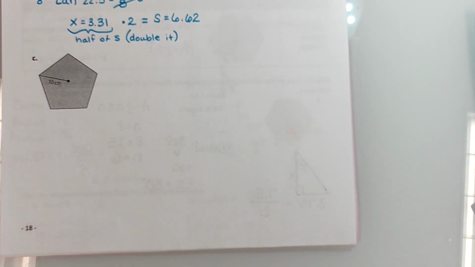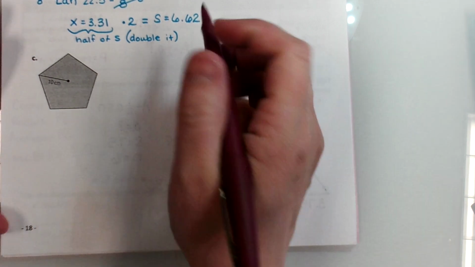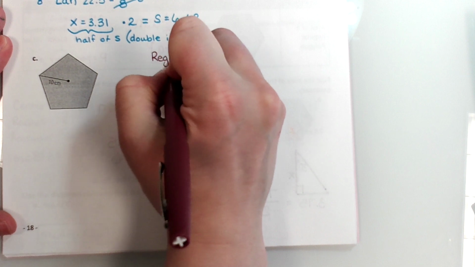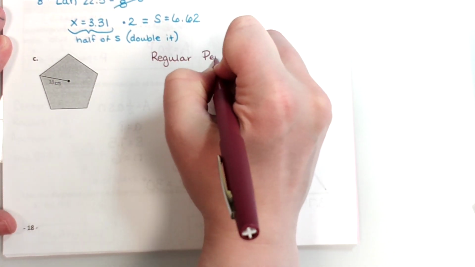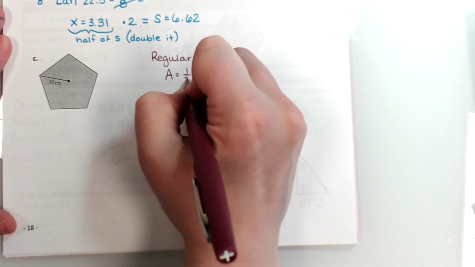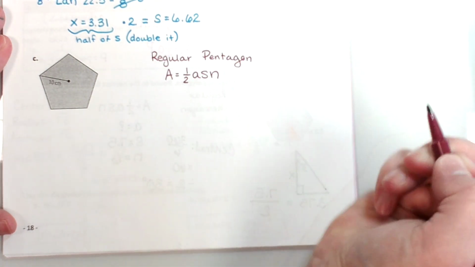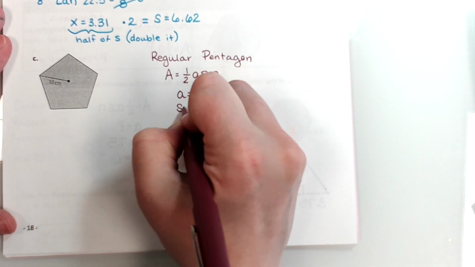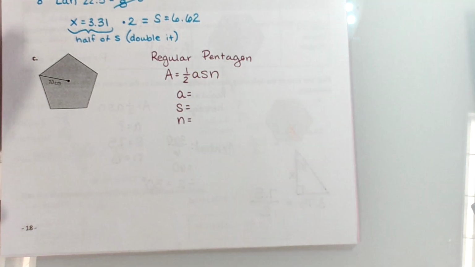what is that? A radius. It's a regular pentagon. It's still that same formula. Radius doesn't go into the formula. Do I know the apothem?